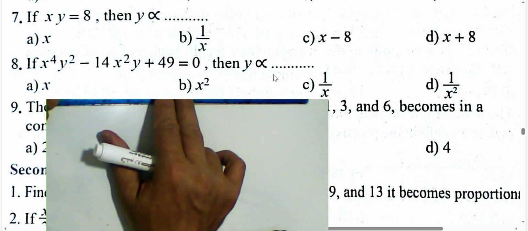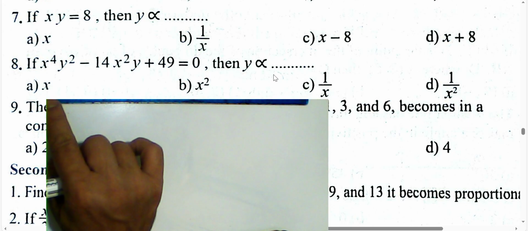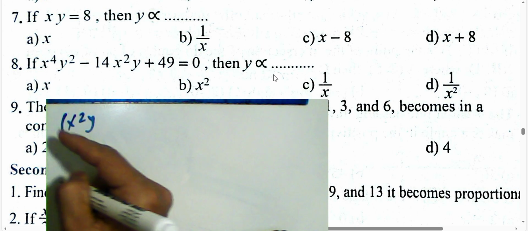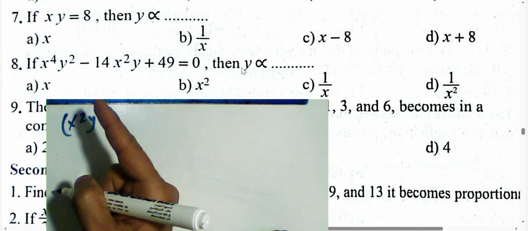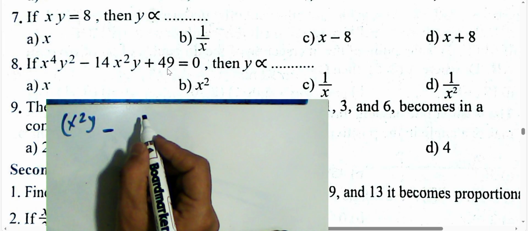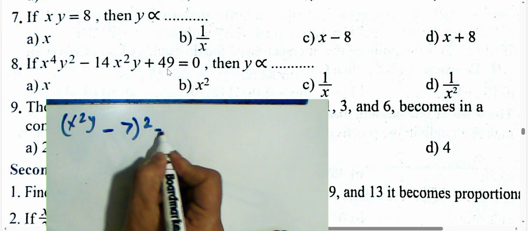Question number 8. If x squared y squared minus 14 x squared y plus 49 equals 0, then y varies directly with what? We can factorize this expression as a perfect square. The square root of the first is x squared y, and the sign of the middle is negative. The square root of the third, 49, is 7, all squared equals 0.